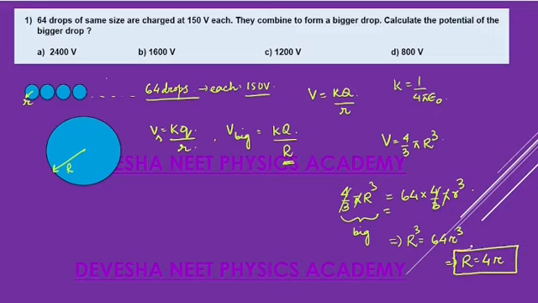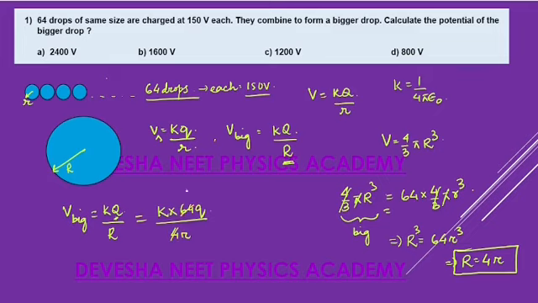So this is a relation. Now the potential of the bigger one is given by k Q by R. Since there are 64 drops, the charge will be 64 into q, divided by big R, which is equal to 4r.